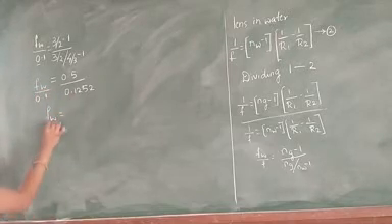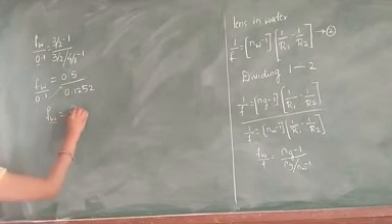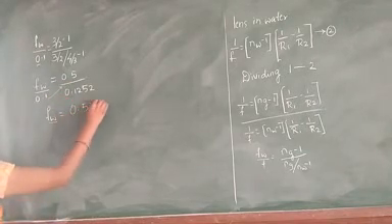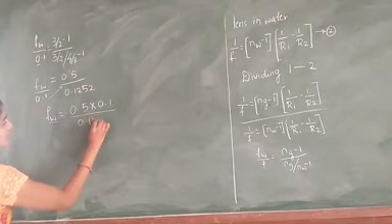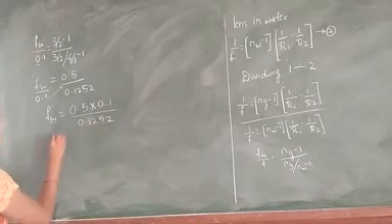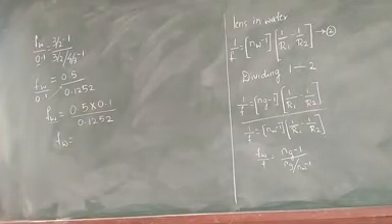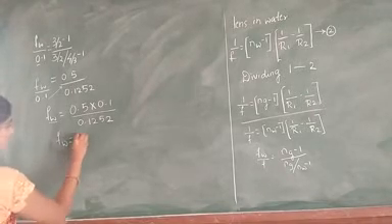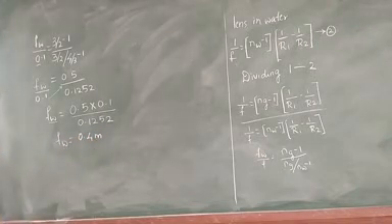Next we calculate the value of fw: 0.5 into 0.1 divided by 0.1252. The value of fw is equal to 0.4 meter.